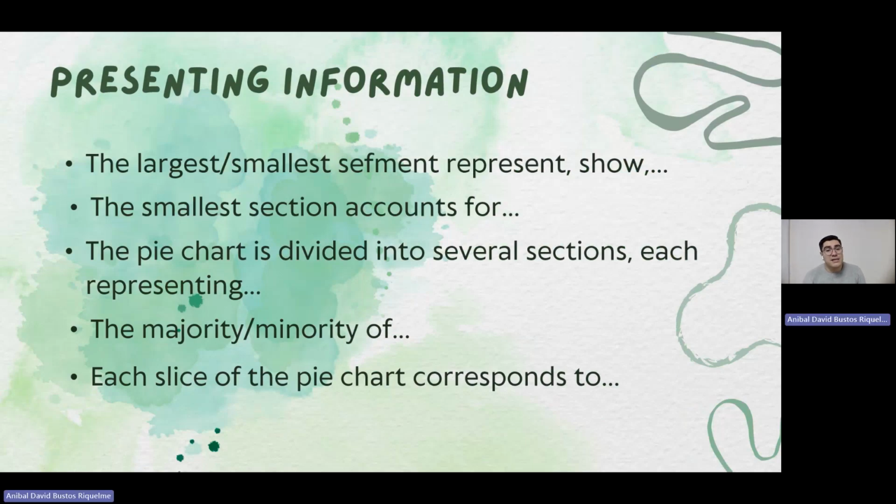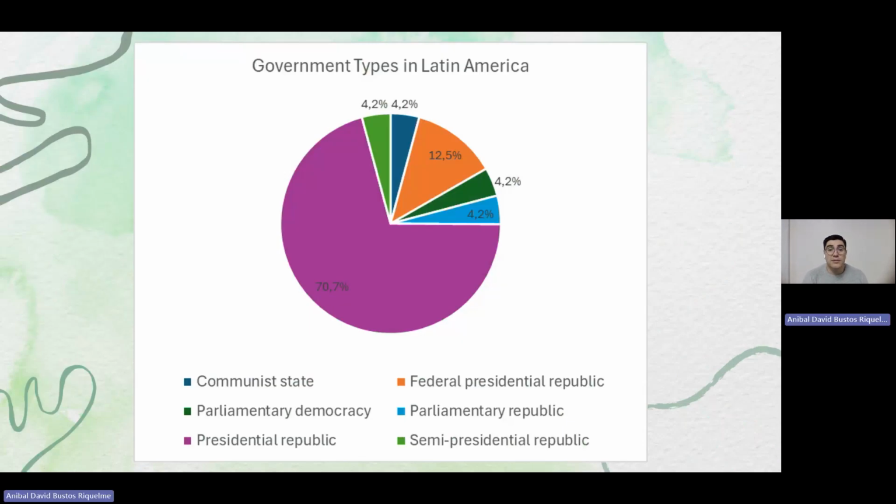We can say the smallest section accounts for, la sección o el segmento más pequeño representa. For example, in this case, the smallest section would be 4.2%. The smallest section accounts for countries with a communist state, for example.